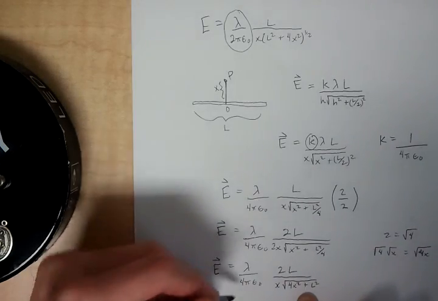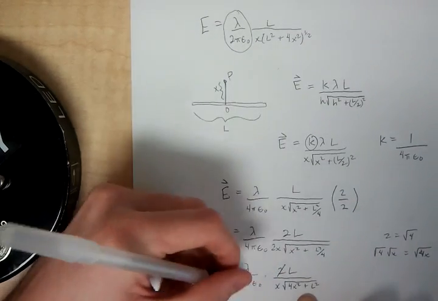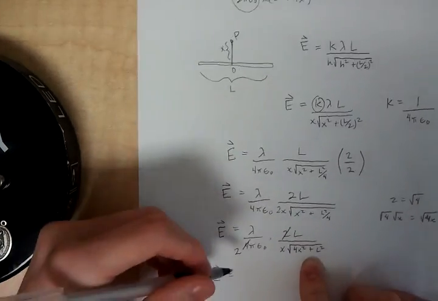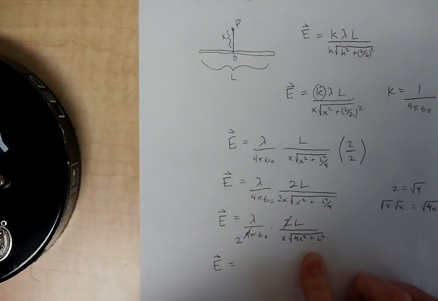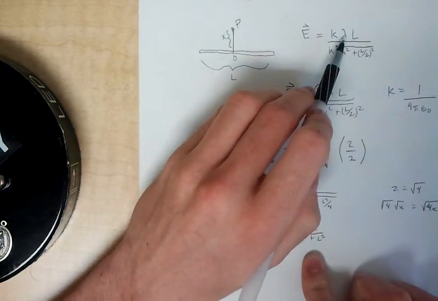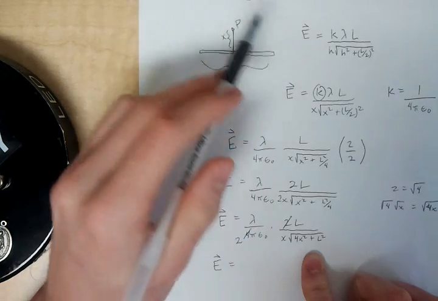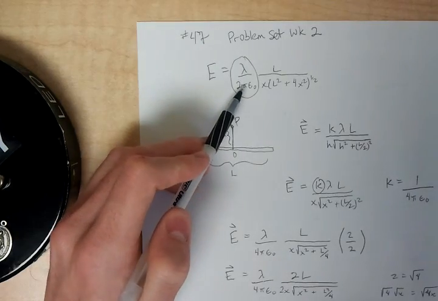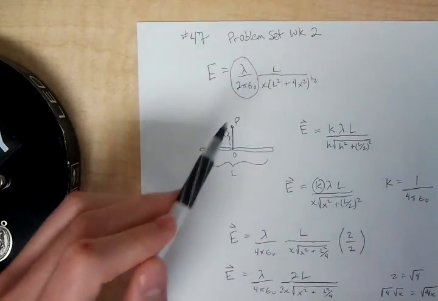We figured most of this out, and you'll notice we have a 2 in our numerator and a 4 in our denominator, so the 2 will cancel and reduce the 4 to a 2. So we've proven that the equation for the electric field of a point above the perpendicular bisector of a finite line, E equals K lambda L over h times the square root of h squared plus L over 2 squared, is in fact equivalent to the equation given by the question: lambda over 2 pi epsilon naught times L over x times L squared plus 4x squared to the half power.